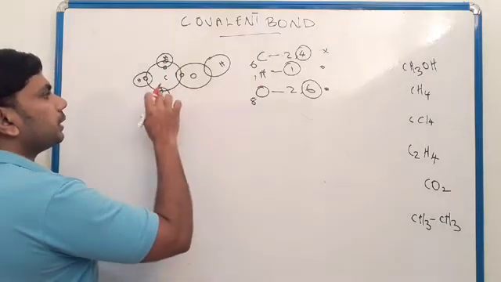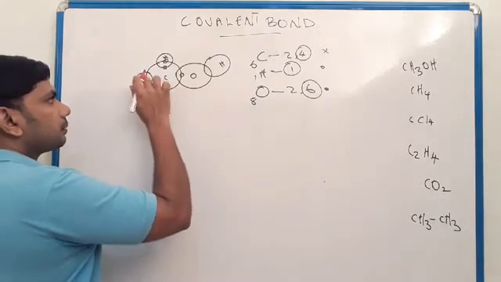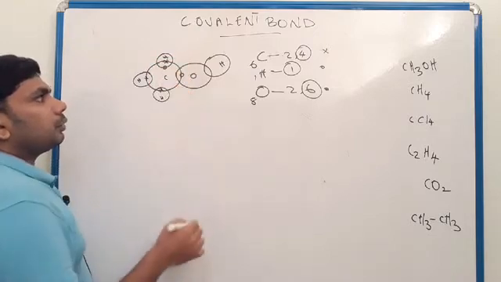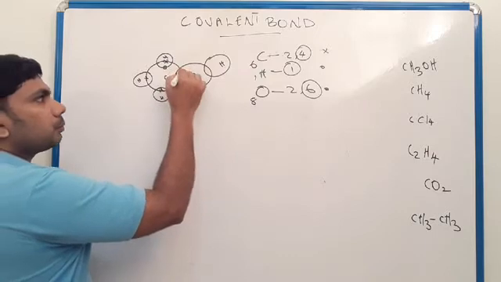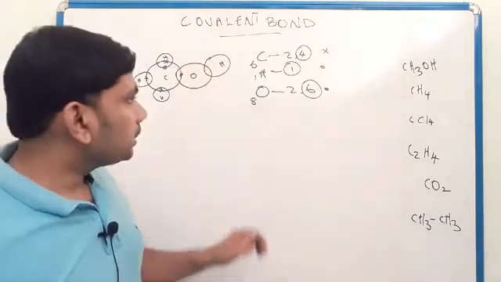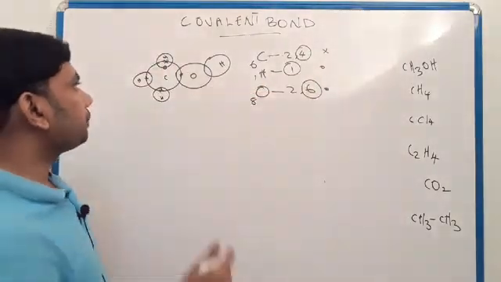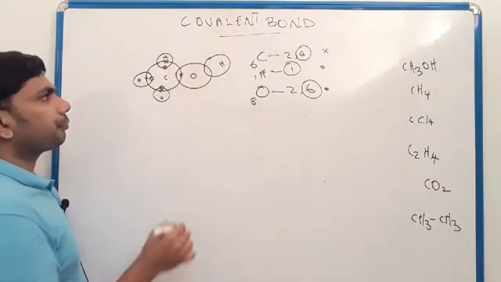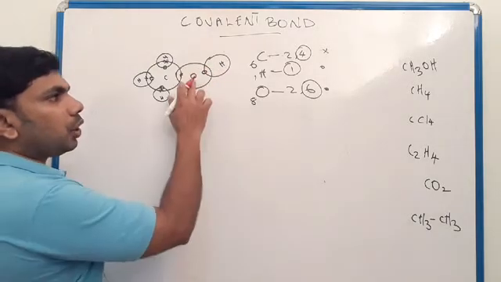For carbon we use X. Carbon 1, 2, 3 and here also one more X. The 4 electrons of carbon we did. Now what about hydrogen? For hydrogen we use this type of circle. Hydrogen here also 1.